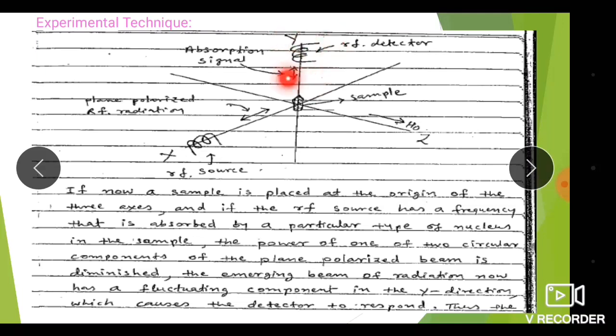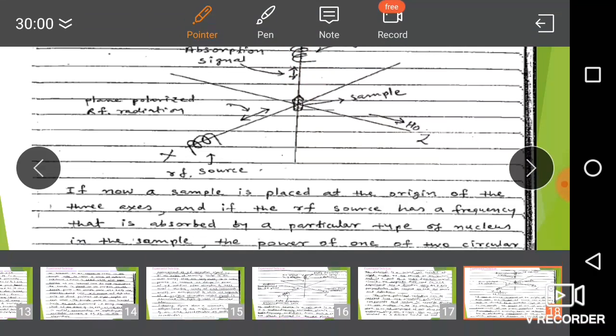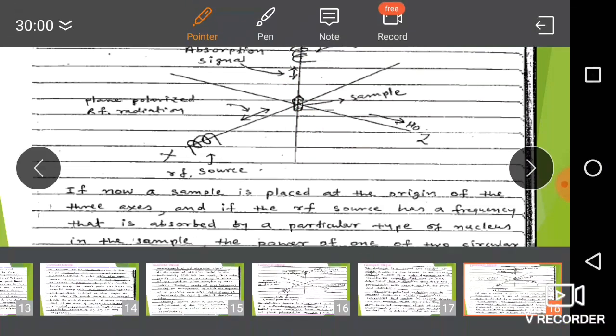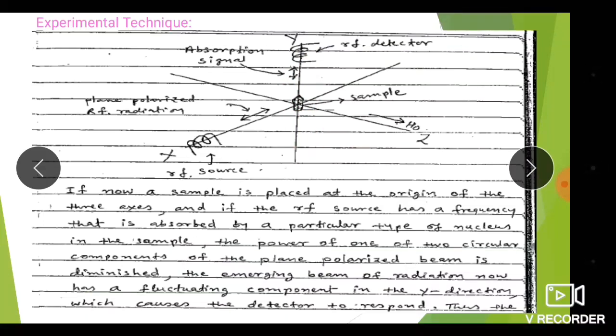So we will get the signal at the detector in the y direction. But if you keep the source in the xz plane only, not at the origin, then you will not get a signal on the y axis. If you place the sample at the origin, then we will get the absorption signal along the y axis.